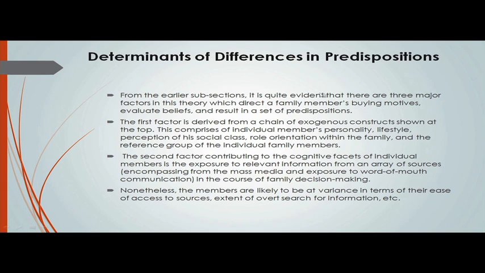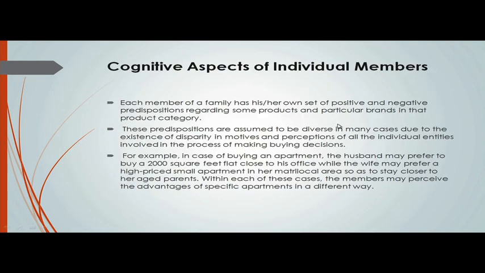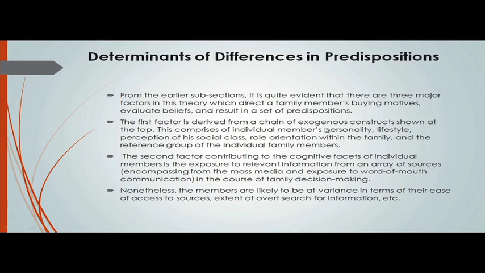The determinants, as we see, the first factor is derived from the chain of exogenous constructs shown at the top. I told you this is the top: gender wise, confidence level wise, personality wise, reference group wise, social class, lifestyle and role orientation in the family. That is how they differ.